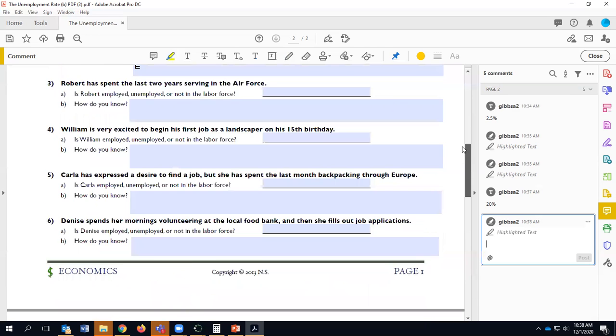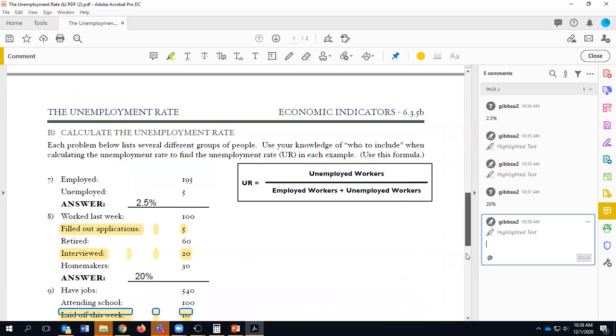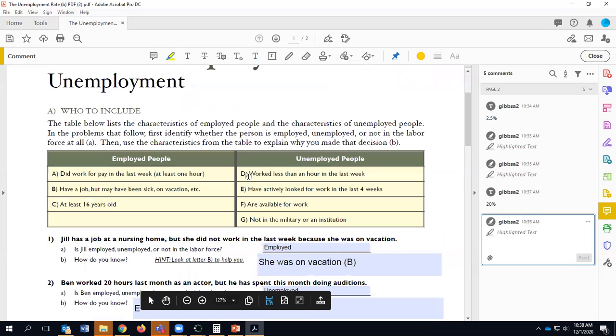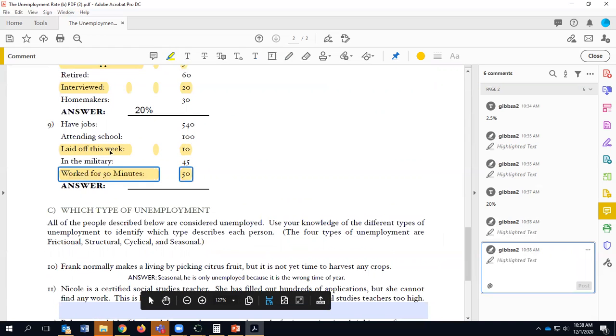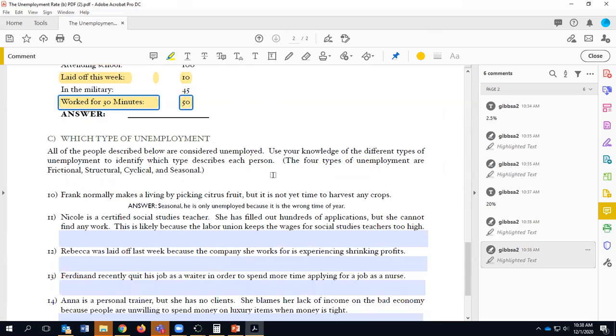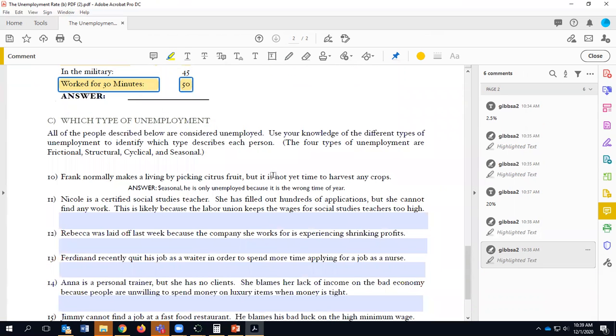And then in the military, unemployed people, it says not in the military, so we can't include them. And then worked for 30 minutes. Here it says worked less than an hour. So we're going to include them. So those are your two categories to include in your unemployed numbers. Mark that somewhere on your paper so you know. And you're going to be on your own for answering that last math problem.